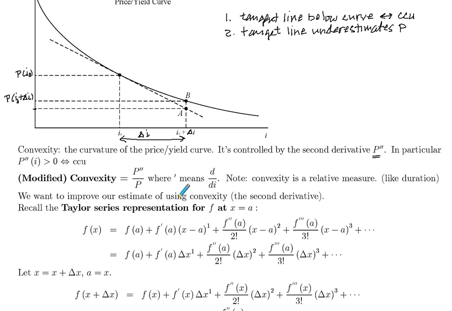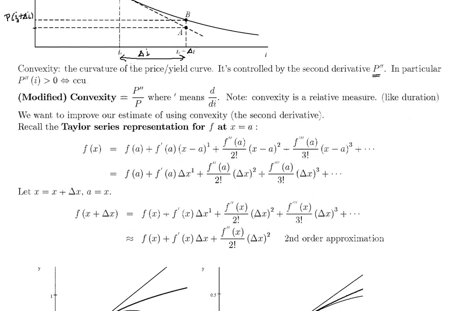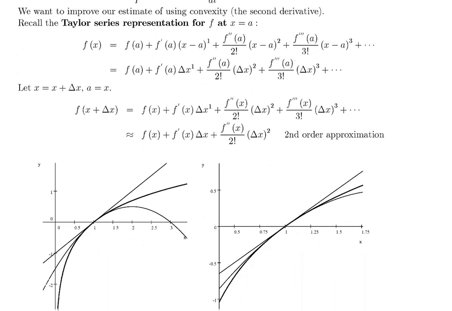So how does using convexity, or the second derivative, improve our estimate? Let me ask you to recall the Taylor series for the function f at x equals a.